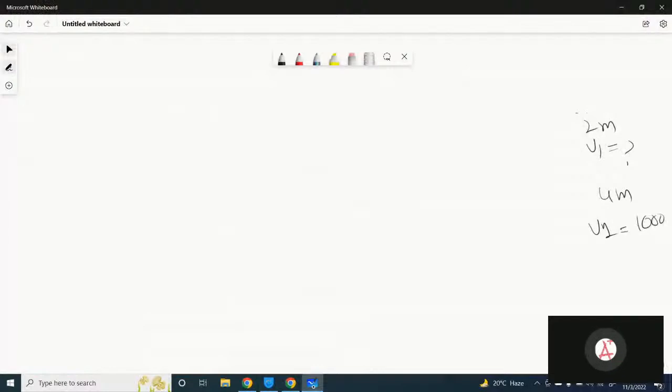You have to find the cube of the ratio of the corresponding dimensions, so it would be a cube divided by b cube. That is 2 cube divided by 4 cube: 2 cube is 8 and 4 cube is 64.